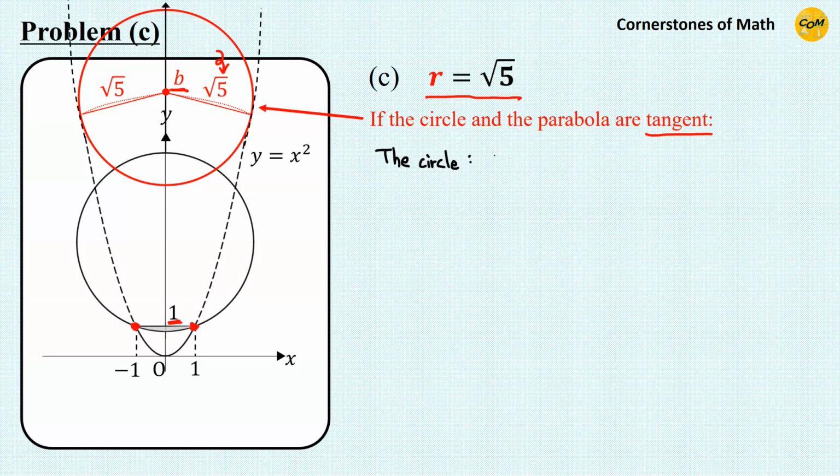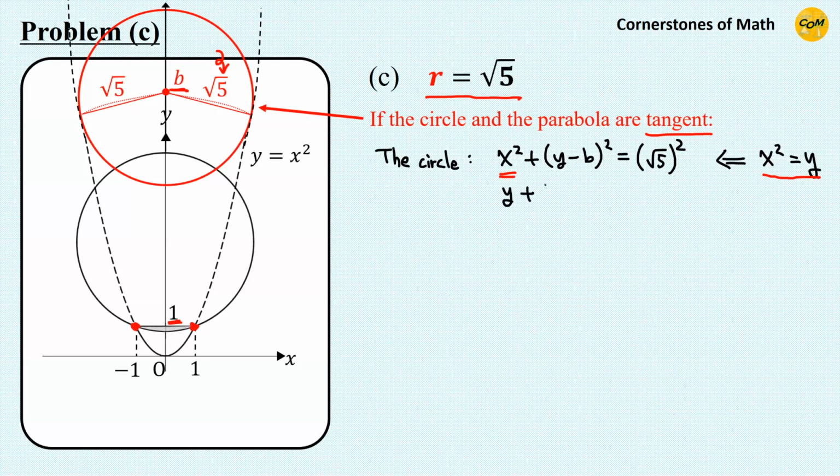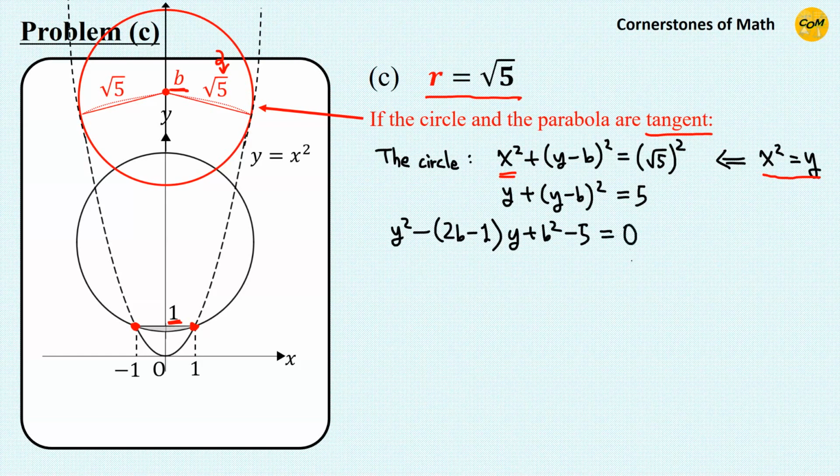So the equation of the circle is x² + (y - b)² = (√5)². Substituting x² with y, we have y + (y - b)² = 5. So y² - (2b - 1)y + b² - 5 = 0.